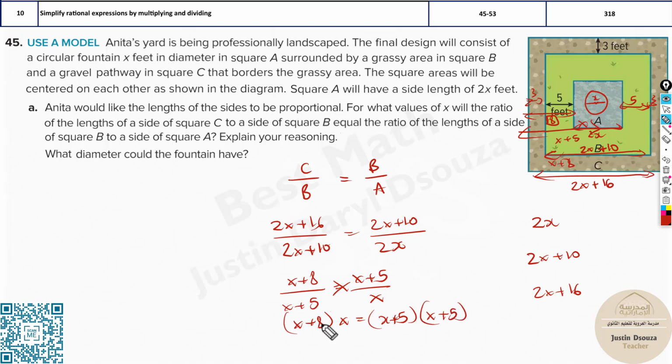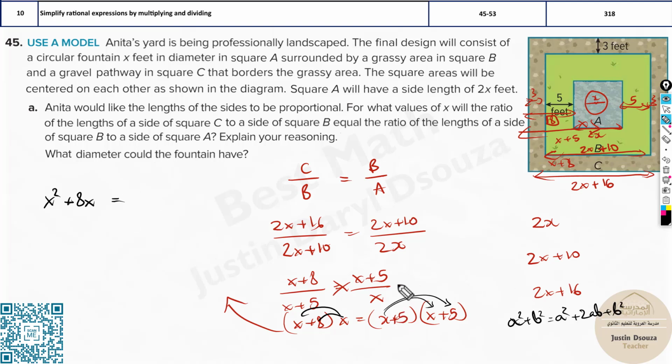I'll just write it over here at the left. I'll just change the color here. Multiply x, distributive property. What's going to happen? It's going to be x squared plus 8x, which will be equal to, over here you can multiply it out, or use the identity for x plus 5 the whole square: a squared plus 2ab plus b squared.